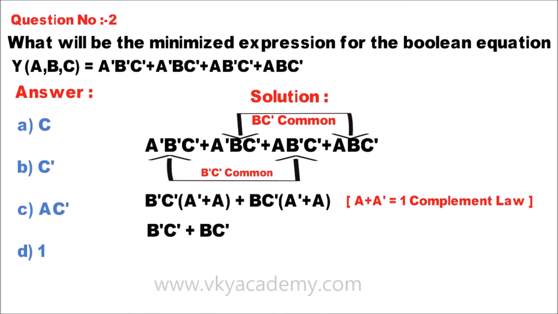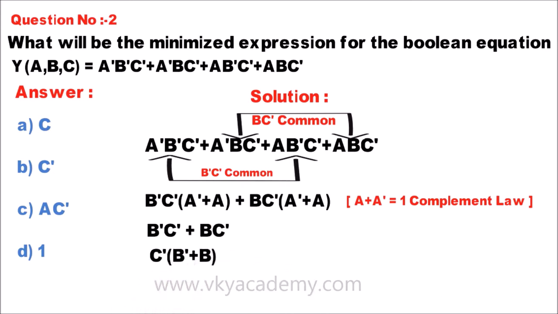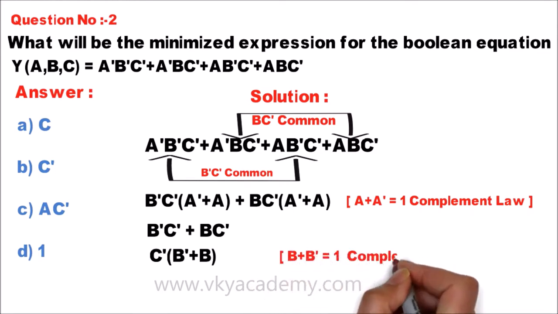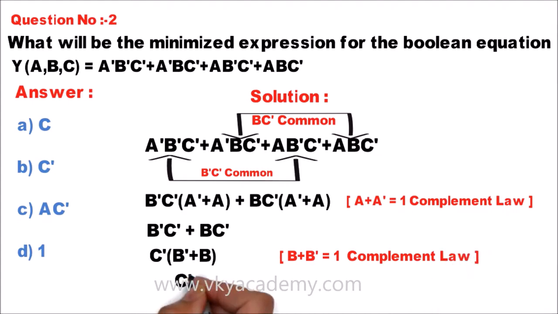Now it will be b bar c bar plus b c bar. Again you can take c bar common and it will be c bar dot (b bar plus b), and the final result will be c complement. So the answer is option B.